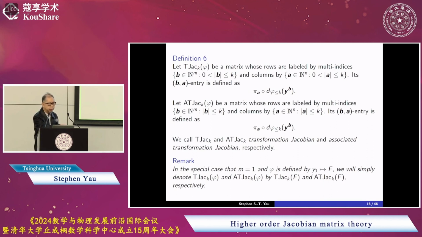We denote the transformation Jacobian of phi up to order k by T Jack K phi. It is labeled by the multi-index for B. We take out the constant, the zeroth order term, and also for A you take out the zeroth order term. So the BA entry is the projection of d phi up to order k acting on yb. The associated transformation Jacobian, J Jack K phi, is the same, but you include the zeroth order term here.